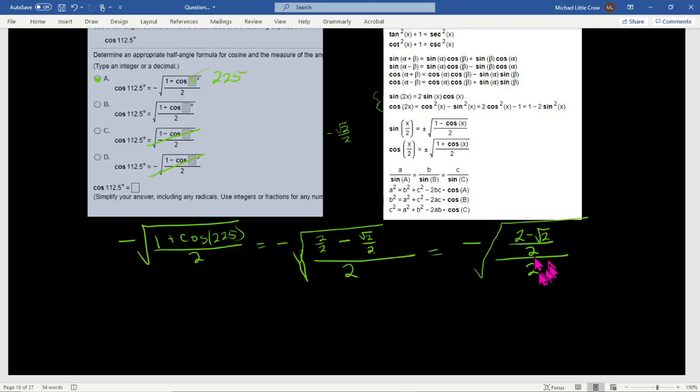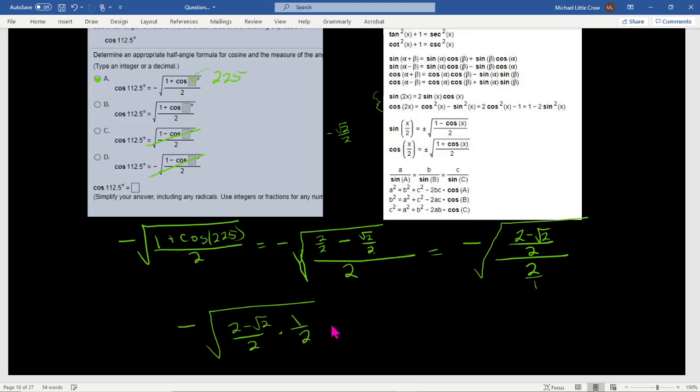And then when you're dividing by 2, remember, think of it as 2 over 1, and so you flip and multiply. So we end up with 2 minus square root of 2 over 2. That's the numerator. The denominator flipped is 1/2.